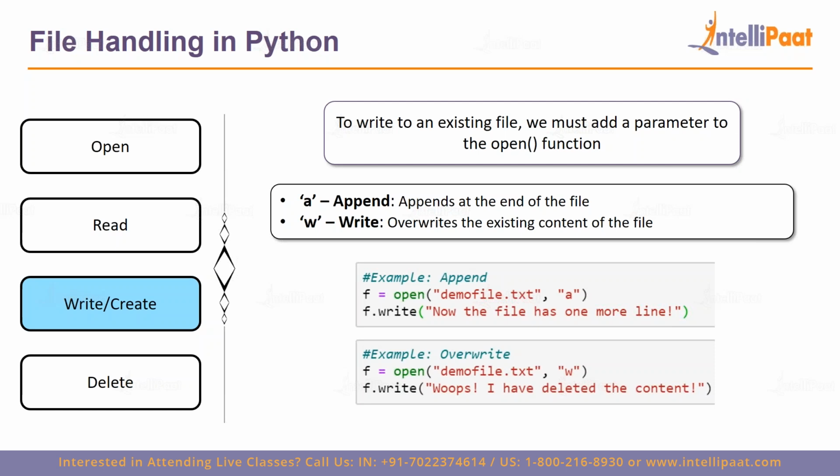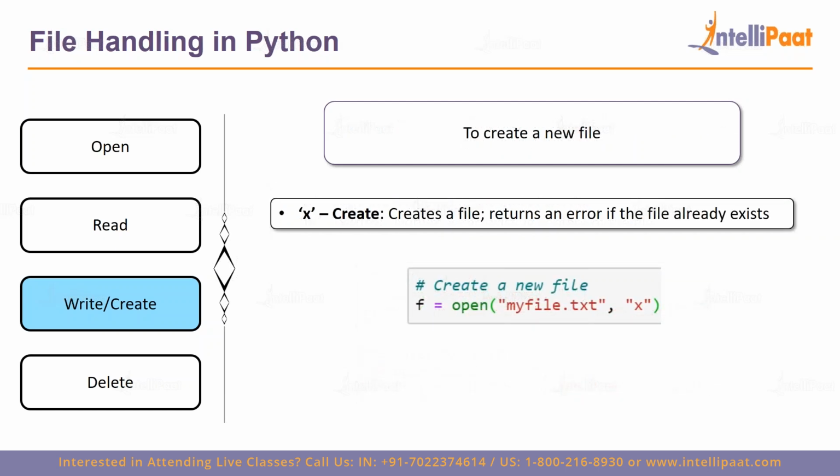A would be, as I've already told you, to append items to a file, and w would be to write contents to the file. Then x is used to create a file if it doesn't already exist, and if it does already exist, then it will return an error.